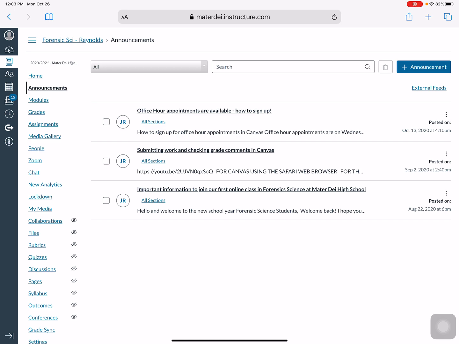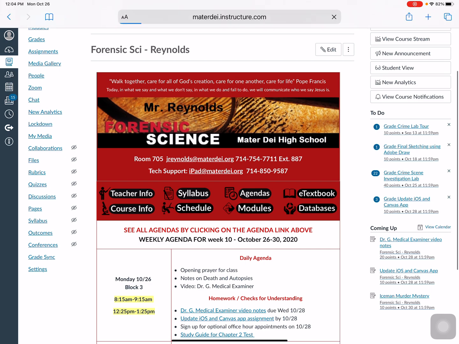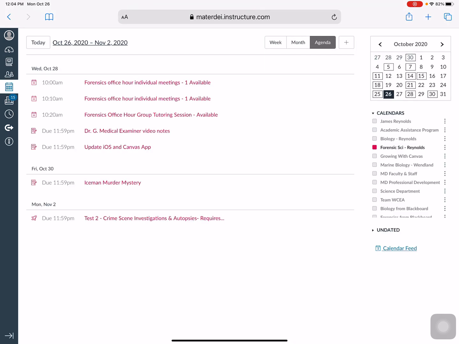I did do that for my biology class because they're freshmen, but you might know that you click over into the calendar, view the calendar, and if you look at the agenda for the 28th, you're going to see that there's a 10 and a 10:10 time slot, and there's a button on your screen that says Find Appointments. And you just click into it and sign up for that.